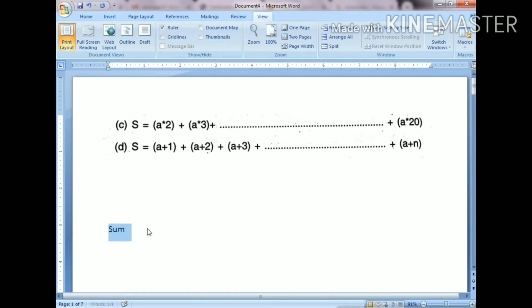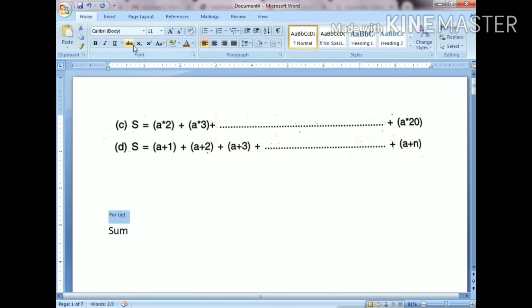You can write for int I equals 2, I less than equals 20 and I plus plus, and in that part just write sum equals sum plus A into I. That is the answer of the first question.